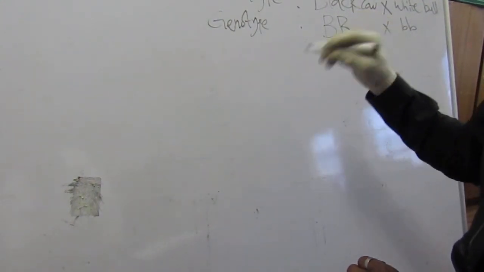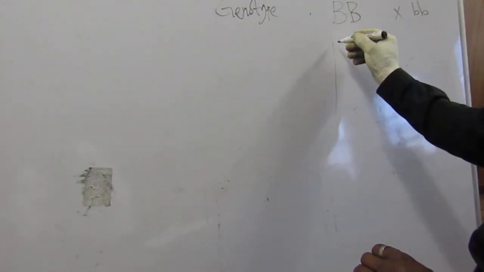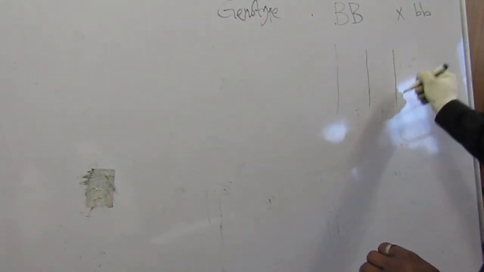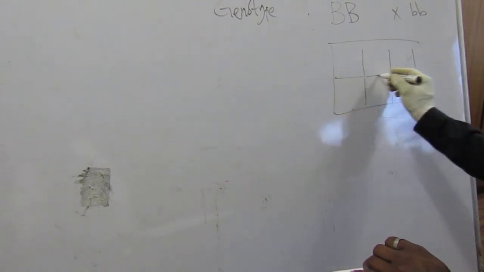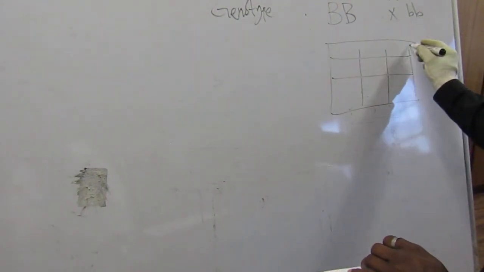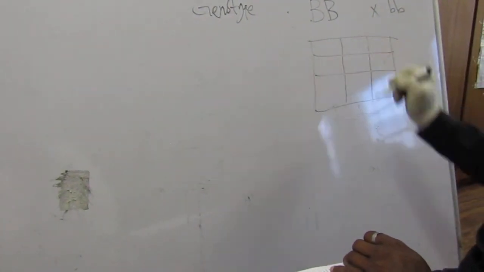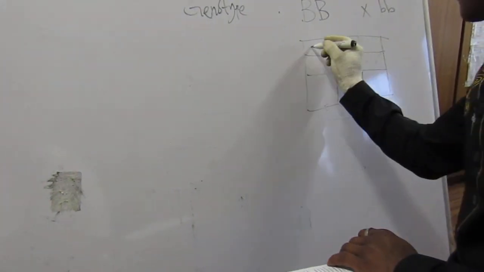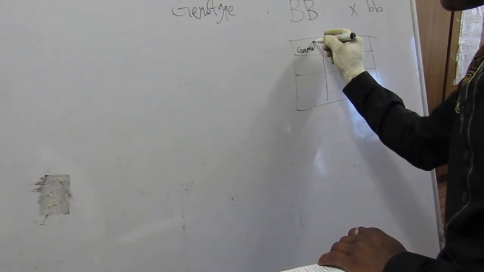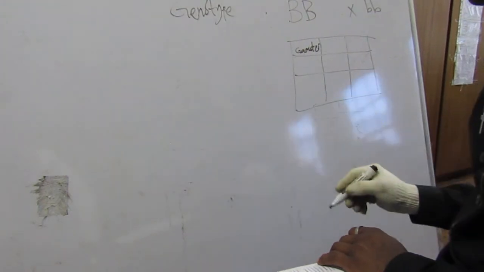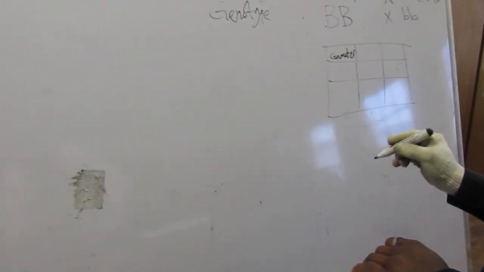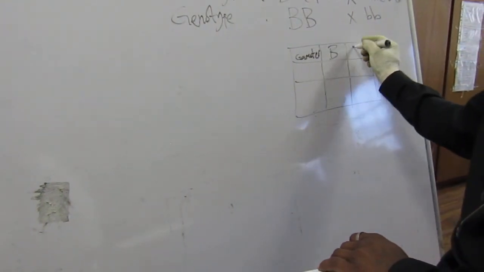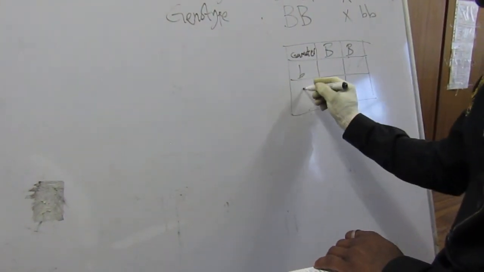And then we're going to use a punnett square. 1, 2, 3, 4. 1, 2, 3, 4. You'll never be wrong if you do it like this. Here we're going to have our gametes, and then we put our genes here: capital B, capital B, small b, small b.